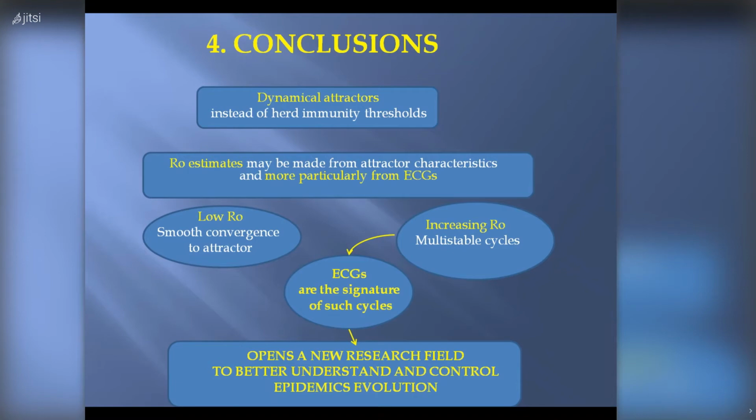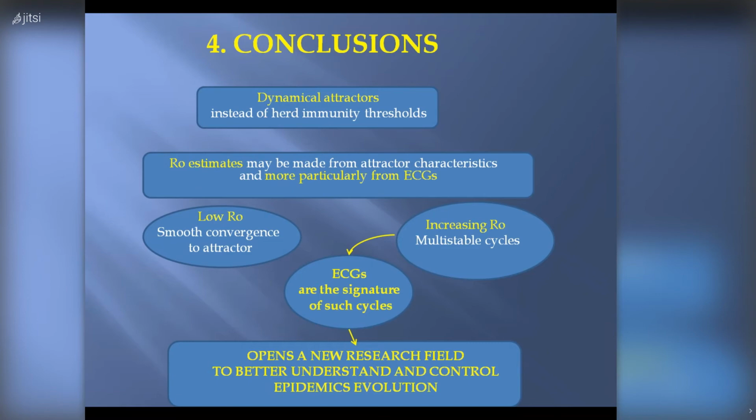So I come to the conclusion of my talk. This dynamical systems theory approach shows that in the case of epidemics, you have dynamical attractors instead of herd immunity thresholds. So that's quite important. Something else: R0 can be estimated from the attractor characteristics, and in particular from ECGs.